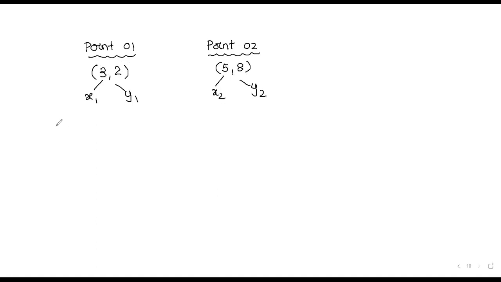Now we find the gradient, which is equal to, this time I prefer to take y2 minus y1 over x2 minus x1, because I can see the x2 and y2 values are bigger than the x1 and y1 values. Again, there is no hard and fast rule that you must use y2 minus y1 or y1 minus y2; both are the same.